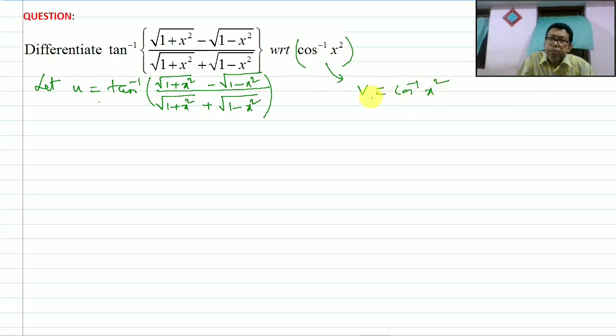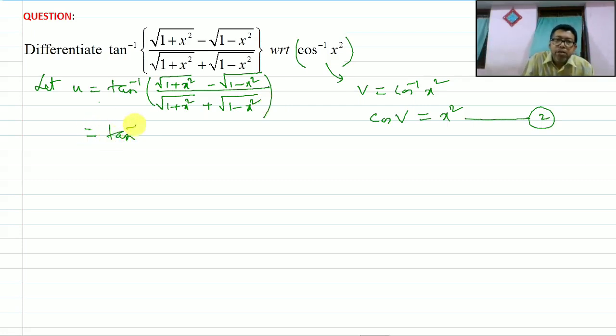Now if v is equal to cos inverse of x square, can you write cos of v is equal to x square? Cos of v is equal to x square, mark it 2, and this is 1. Don't write it now because you have to substitute actually. So tan inverse of root over 1 plus x square, what is x square?